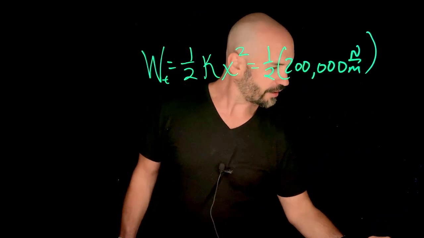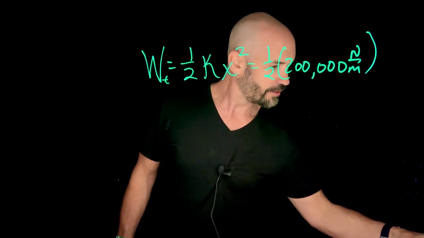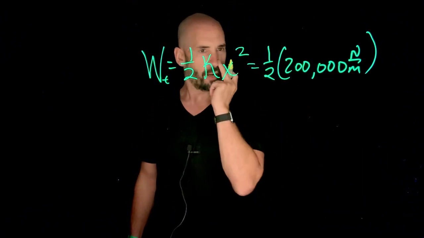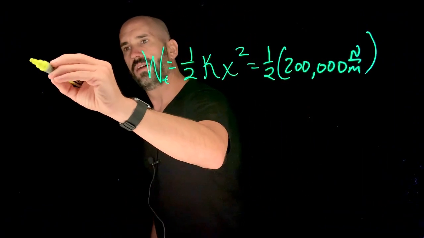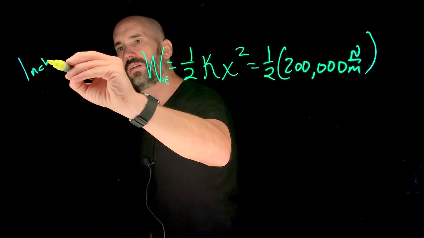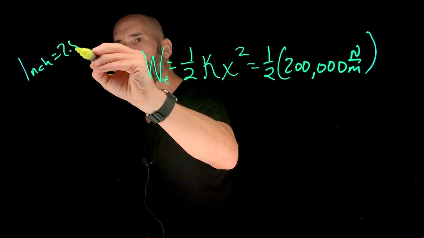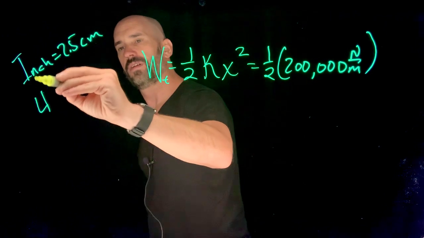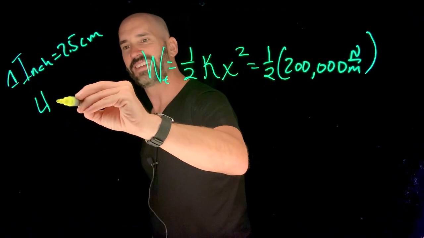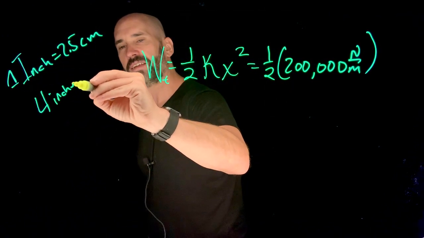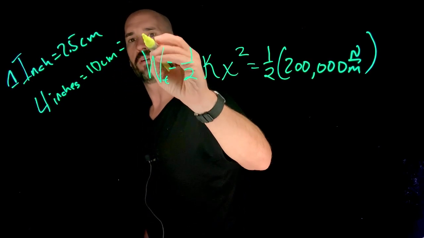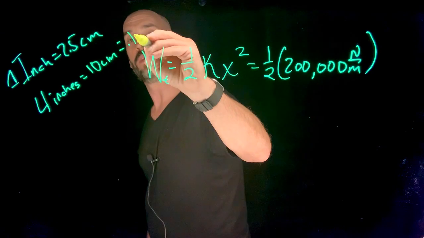I would love to do a conversion here. 4 inches is about, well, I know that 1 inch is equal to 2.5 centimeters. Okay, so 4 inches would be about 10 centimeters, which is about 0.1 meters.